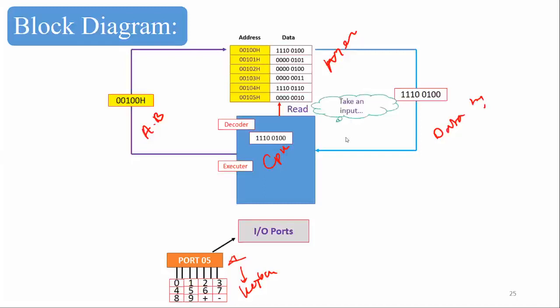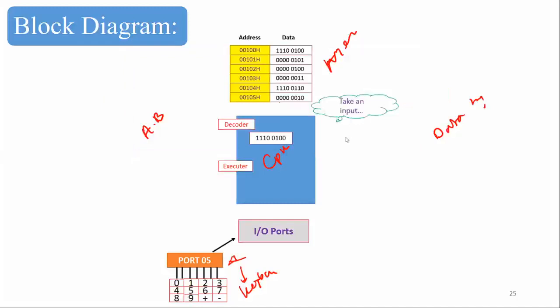Then the data comes to the CPU, then the CPU decodes it. After decoding, it says to take an input. From where we should take the input, for that reason, it again wants to read the second address. That says that I want to read the steps from there. It sends the address, and through the control bus the command that I want to read.